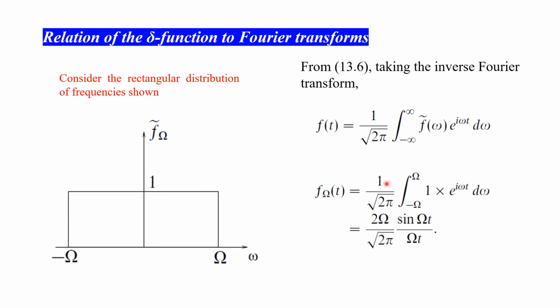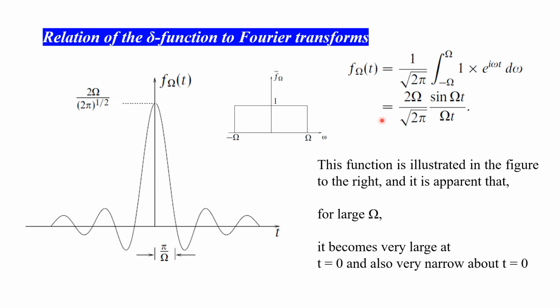So the integral of this function here is equal to 2 omega over square root of 2 pi times sine omega t over omega t. Now again, what we have here is the inverse of your Fourier transform F omega of t, which is equal to 2 omega over square root of 2 pi times sine omega t over omega t.